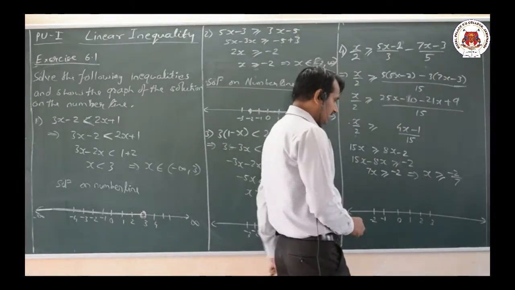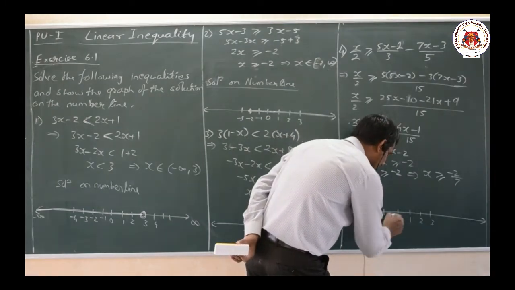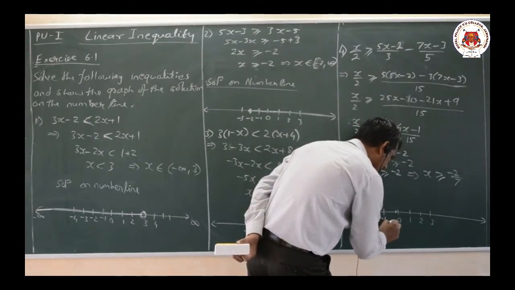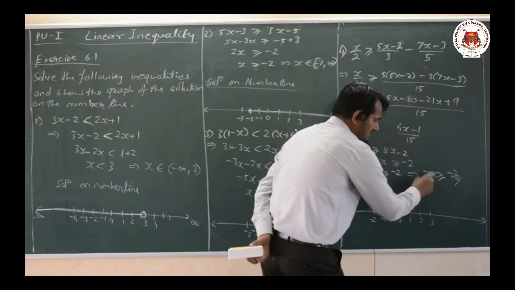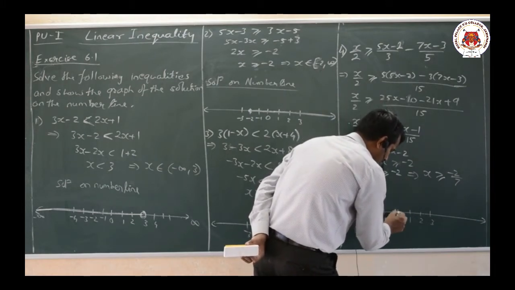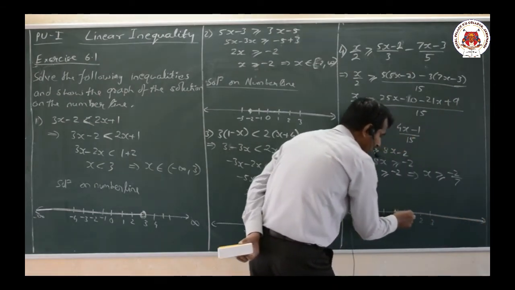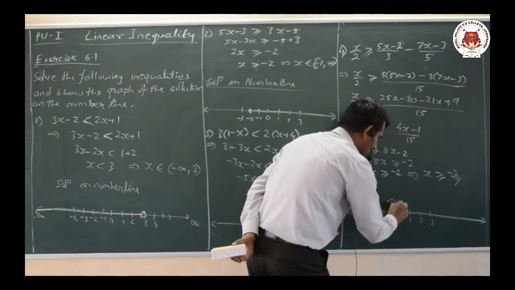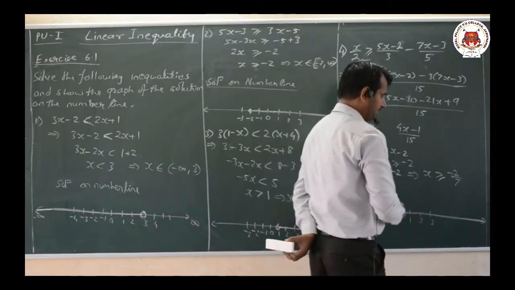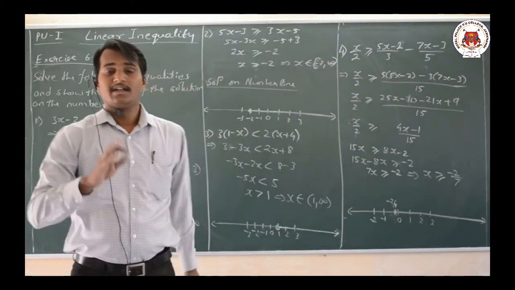For example, the value becomes minus 0.1 something, it comes somewhere here, that is minus 2 by 7. Now greater than or equal to means I have to include that number also. So dear friends, it is nothing but our solution on the number line, minus 2 by 7.